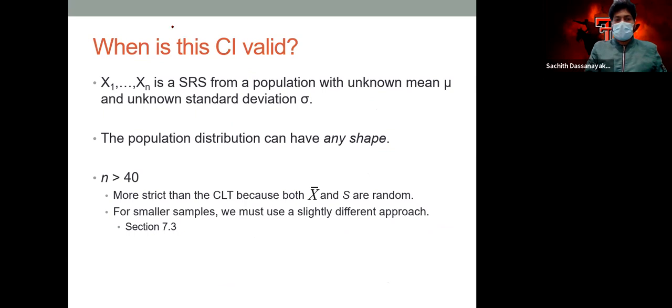When is this confidence interval valid? Here is the thing I have mentioned. Simple random sample, unknown mu and unknown sigma. Yes, the CI is still valid. The population distribution can have any shape.